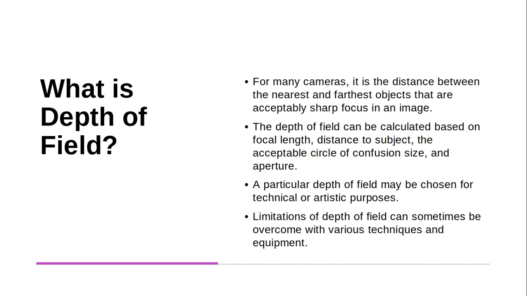There is a formula for how to calculate the depth of field, but I won't get into that. You can look that up yourself, because you can type the formula into a Google search and it will give it to you.